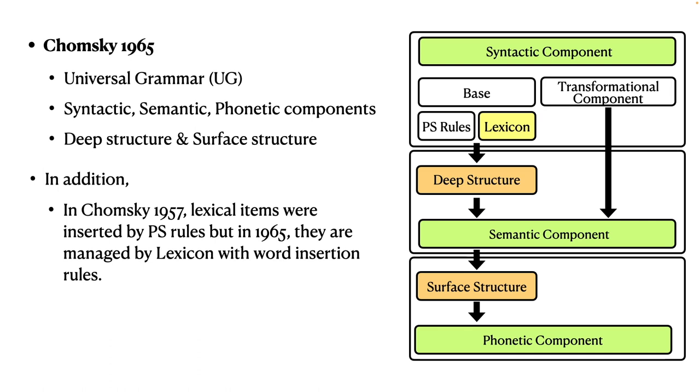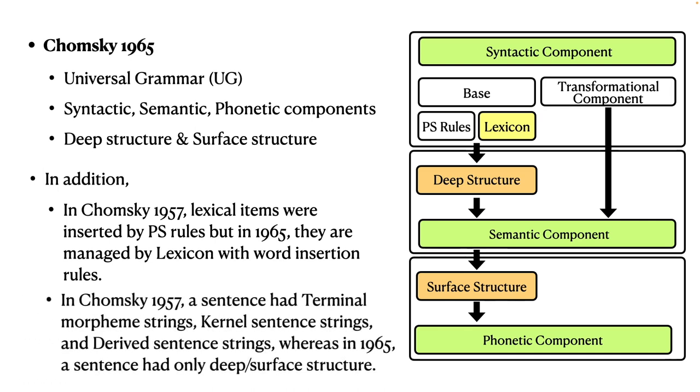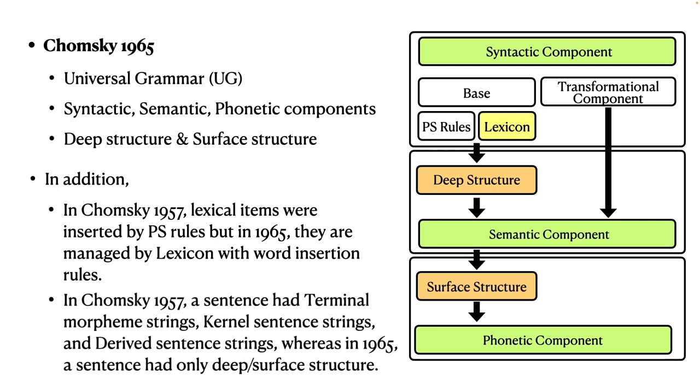On the other hand, in Chomsky 1957, Chomsky divides a sentence into three parts: terminal morpheme strings where the PS rules are applied, kernel sentence strings where transformational rules are applied, and derived sentence strings where optional transformational rules are applied. In Chomsky 1965, however, he divides a sentence into two parts: deep structures where transformational rules are not yet applied, and surface structures where transformational rules are already applied.